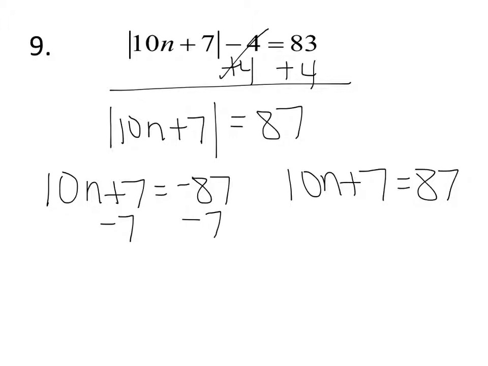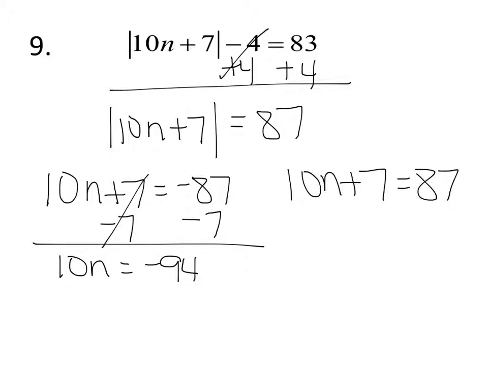So now you're going to solve for n by subtracting 7 from both sides, leaving you 10n is equal to negative 94. Divide both sides by 10. You get n is equal to, when you reduce, negative 47 over 5.